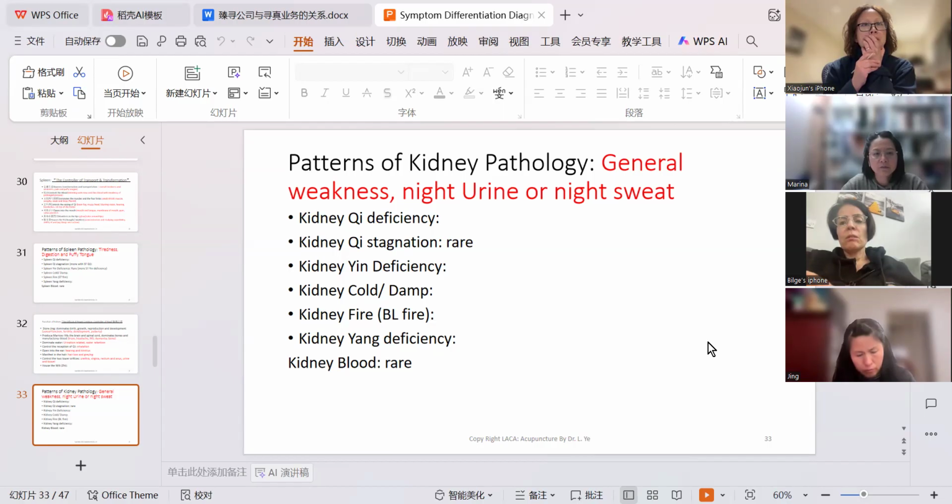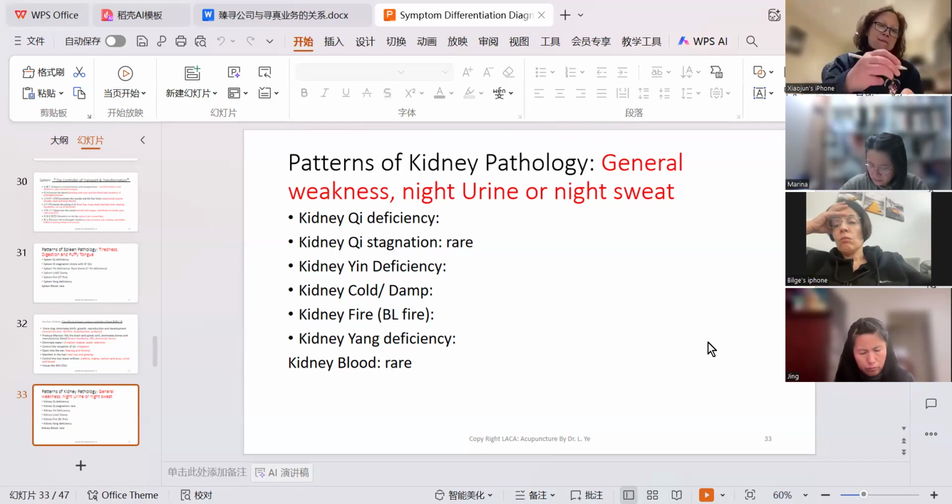Yes, but as I say, some people are not necessarily showing that night sweat all the time. We see in young ladies one typical sign: before periods they feel hotter, or have difficulty falling asleep before the period comes. That's a typical sign of kidney yin deficiency, and the rest of the month they're fine.